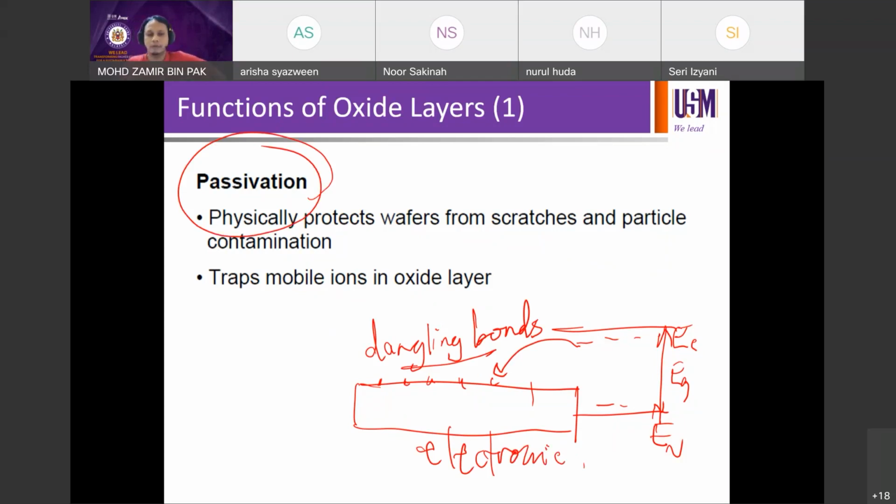It will help, right? So how do you check? Any idea how do you check whether the surface is well passivated or not well passivated? Any ideas? So you have got the wafer, then you've done the passivation using silicon dioxide. How do you say, okay, now the surface is already well passivated and ready for the next processes?